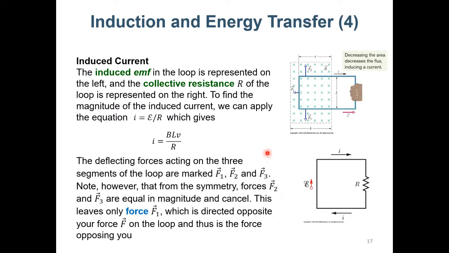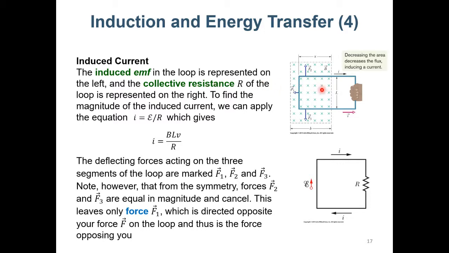Next, due to this induced electromotive force, suppose we have a collective resistance R. Although a conductor line has very low resistance, it's not negligible here, because if the collective resistance were zero, the current would be infinitely large, which doesn't make sense.